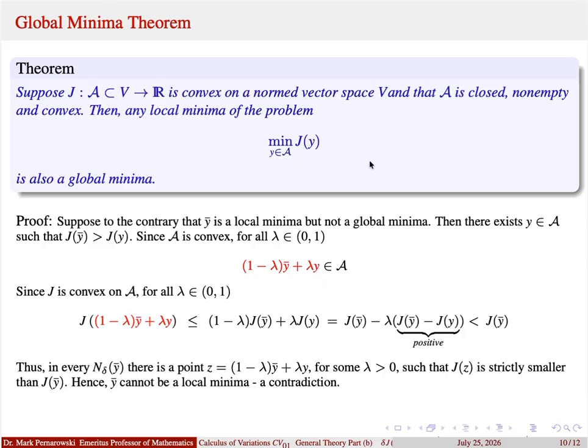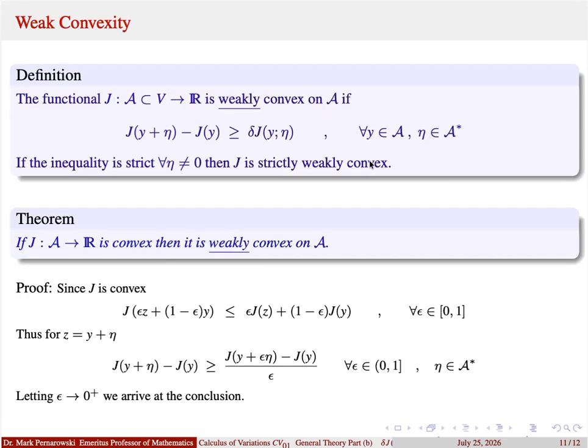So this is a tool. We won't use it too much, but I want you to be aware of it. This is probably the most useful pragmatically from an analytical point of view.